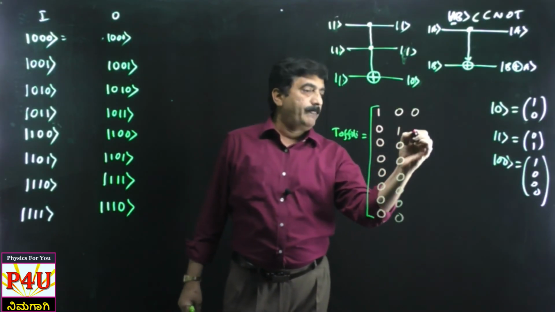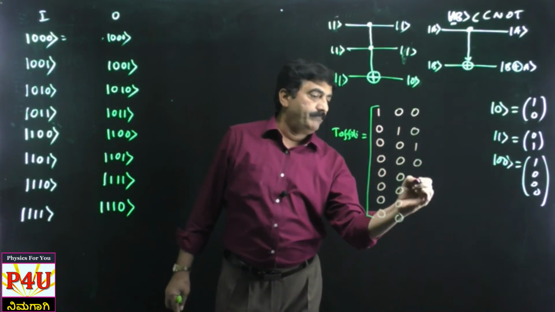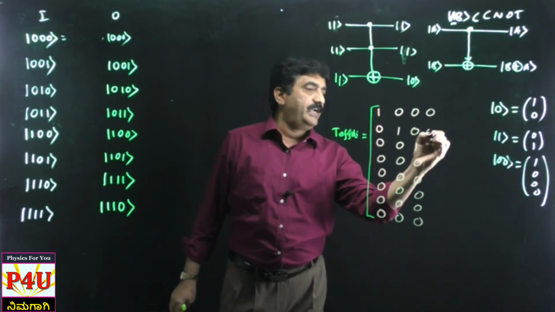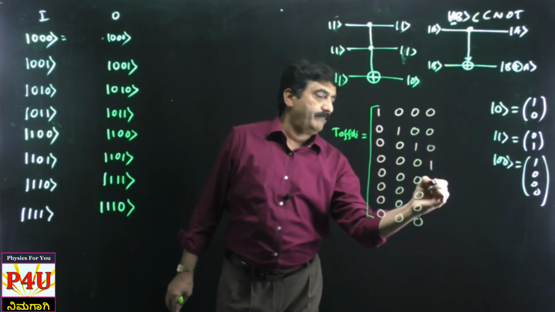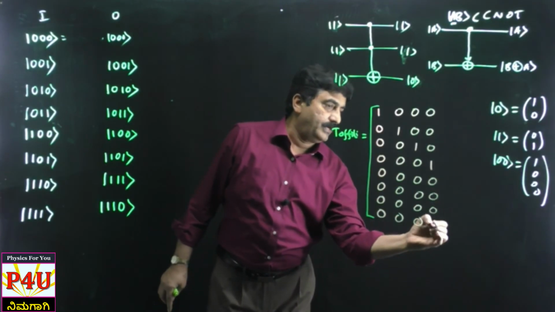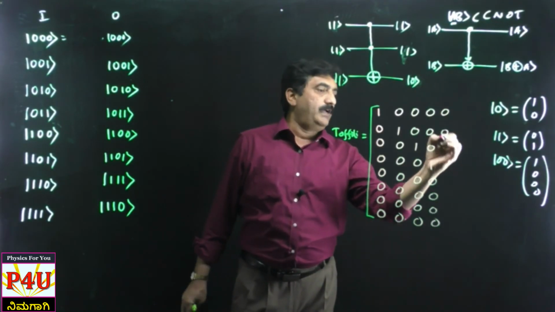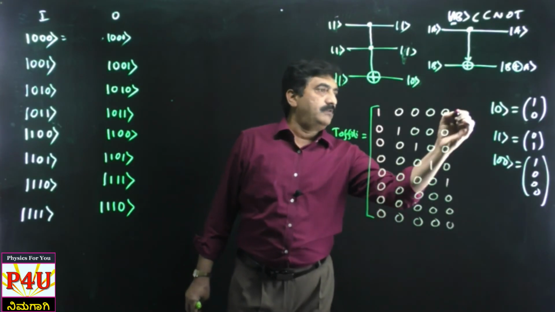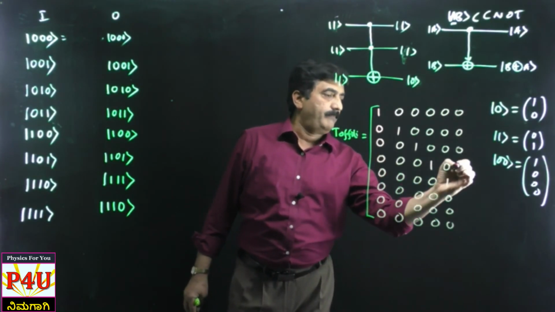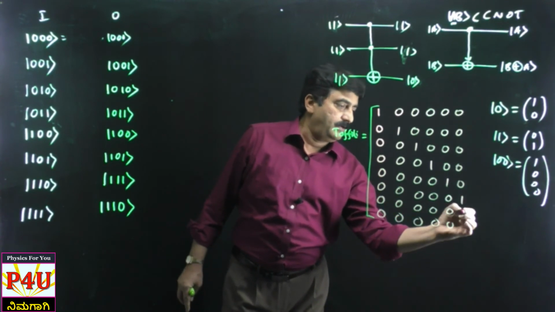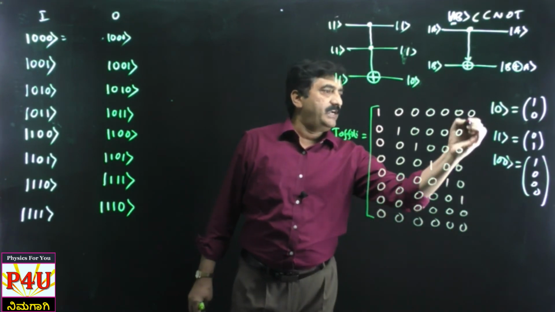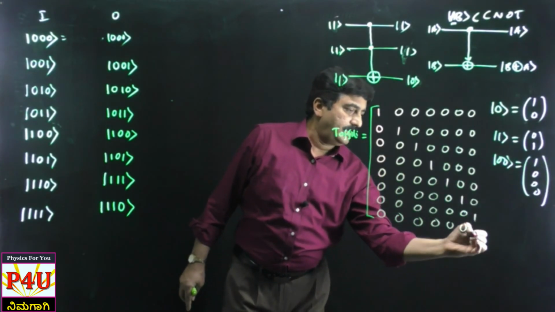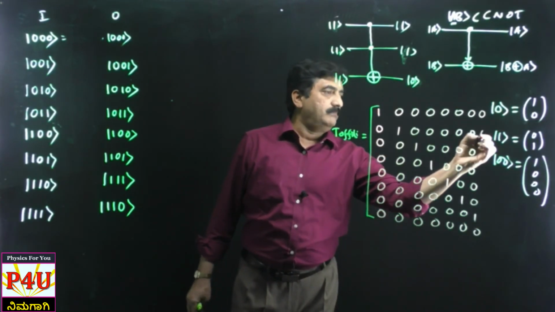Third one, generate the third one, like this. Fourth one, fifth one, sixth one, even the seventh one, and generate the last one, the 8th one.